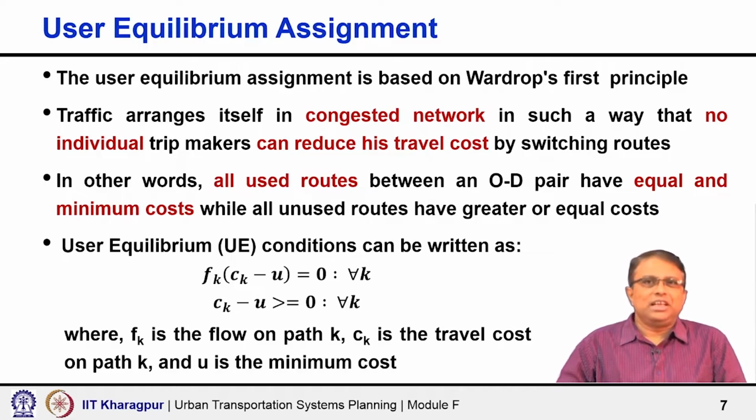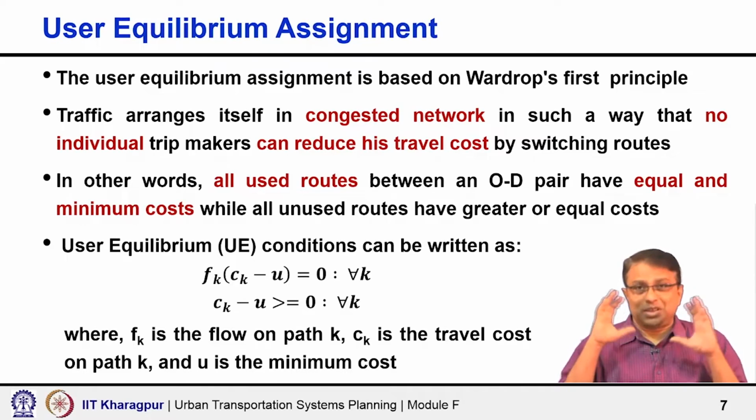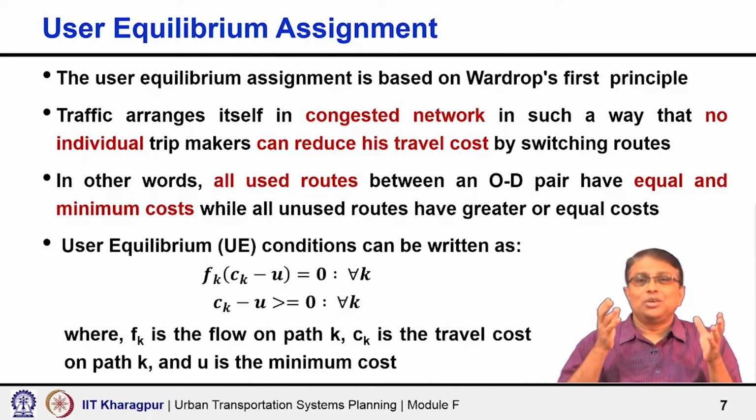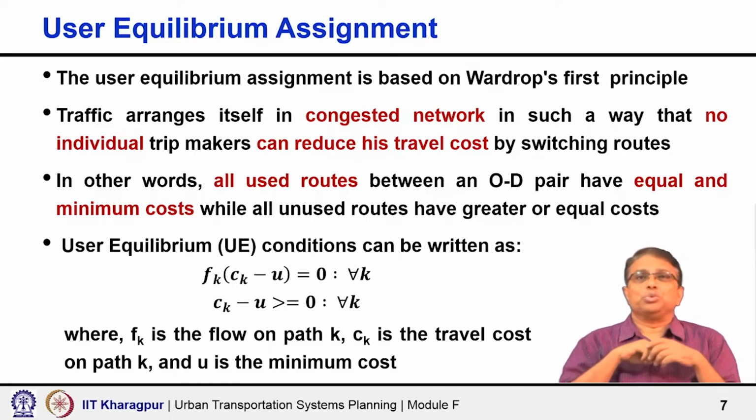So, mathematically I can write it like this: f_k times (C_k minus u) equals 0 for all k, and C_k minus u is greater than or equal to 0 for all k. A user optimal equilibrium at the network level means that for every OD pair this is true.